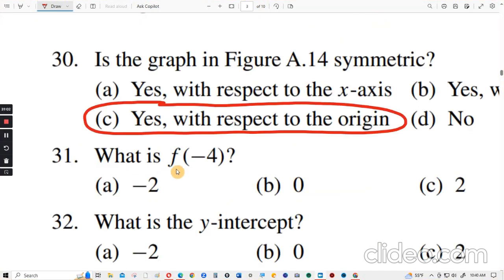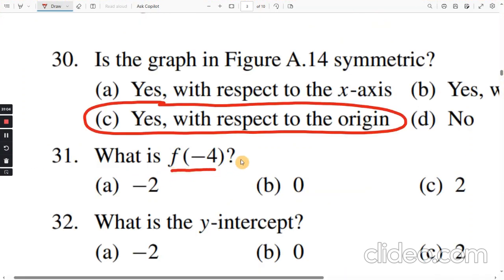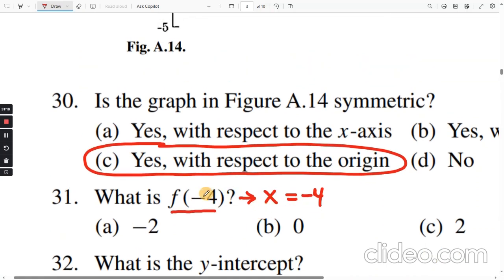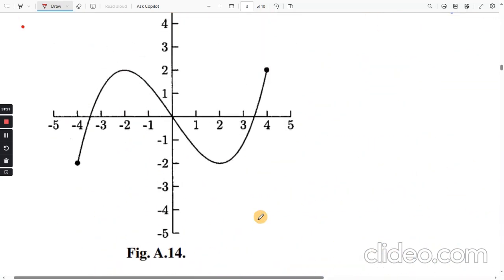All right, 31. What is f of -4? Well, that's easy. You want to know the y-coordinate at x equals -4. If you had a function, you'd plug in x equals -4. We don't have the equation. We just have the graph. So we're going to go to x equals -4 and find the y value. This is the x-axis.